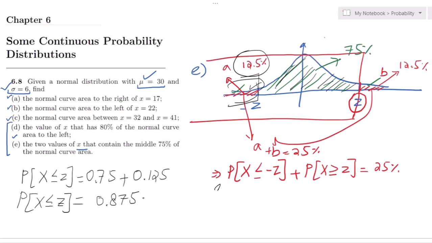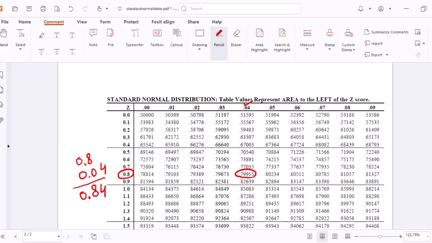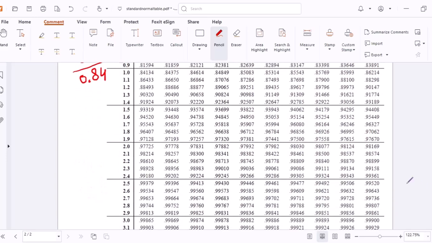Here we want to find the value of z. So this z is the inverse of 0.875. Let me use the table here to find the value which corresponds with the z value.